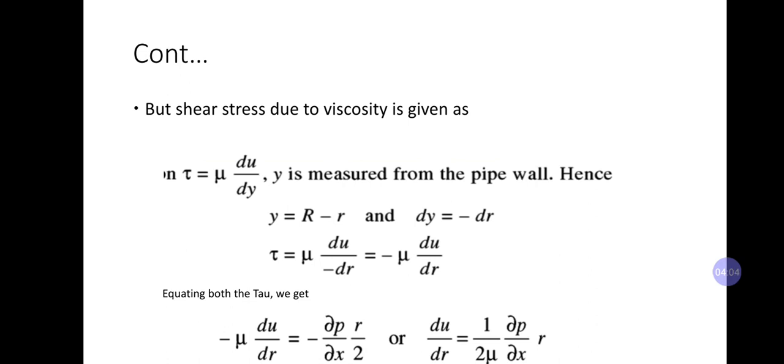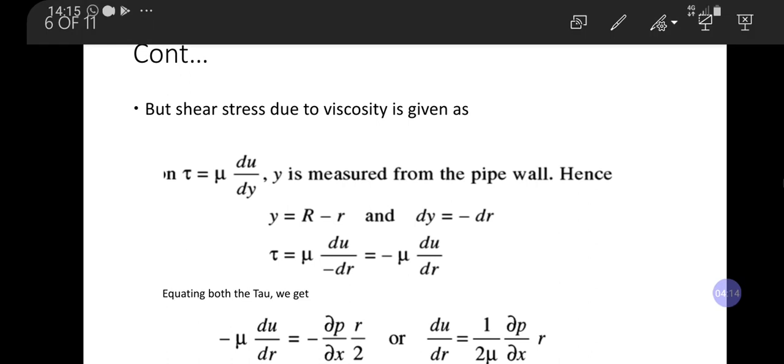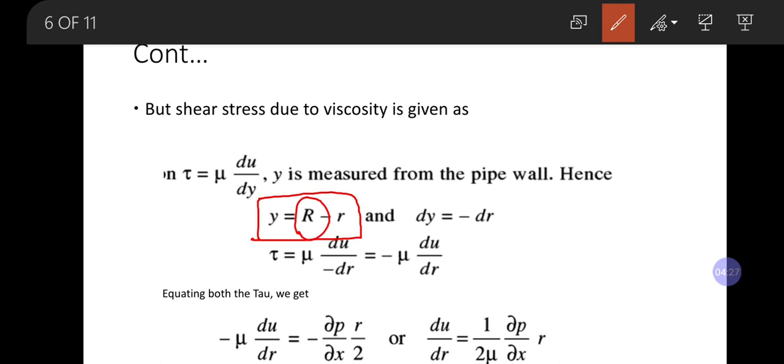Now we also know that tau is equal to mu du by dy by Newton's law of viscosity, where y is generally measured from the pipe wall. Hence, from the previous figure, we can say that y is equal to capital R minus small r. And since capital R cannot vary, if I want to find dy, then d capital R will be equal to 0.